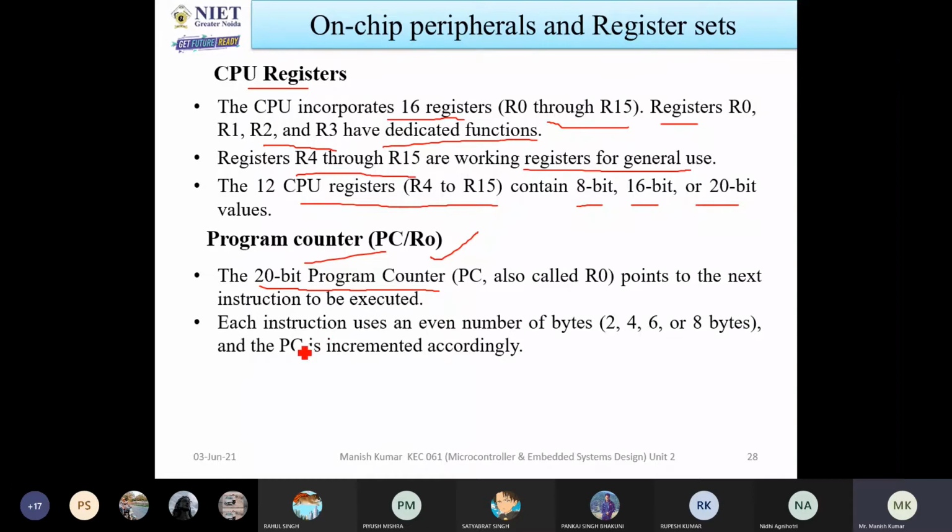Okay, and each instruction uses an even number of bytes. This thing is very important.